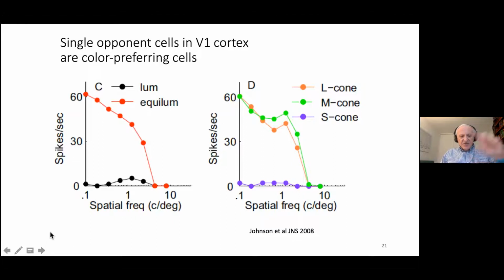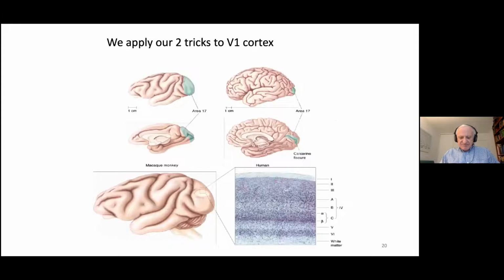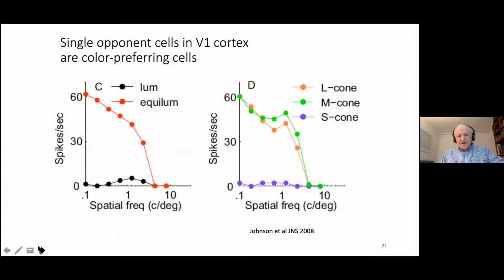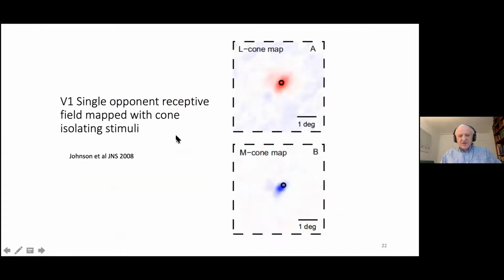I just want to complete the loop of the reasoning I talked about with the two tricks. Going from the spatial frequency filtering, we can go to the spatial organization. So we can also map these cells spatially, and we've done this some, and we get these kinds of spatial maps. This is a two-dimensional spatial map, not a profile, of the L cone input to one of these single opponent cells and the M cone input to the same cell.